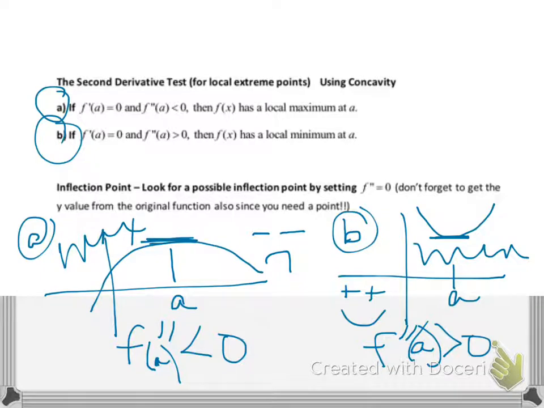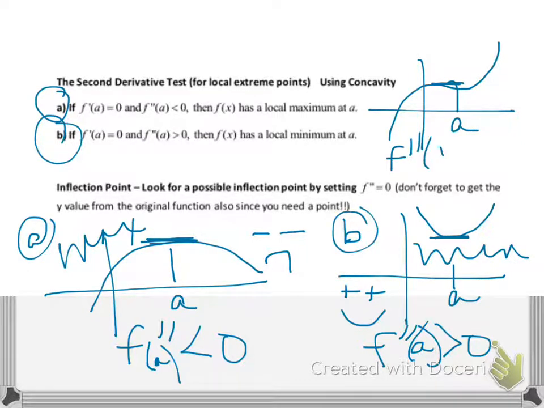And we also said that if I test right here at A, here's a shelf again, and I find that the second derivative of A equals 0, I have a shelf. So that is what's happening with a second derivative. And we'll do a sign chart for a second derivative test in just a few minutes.